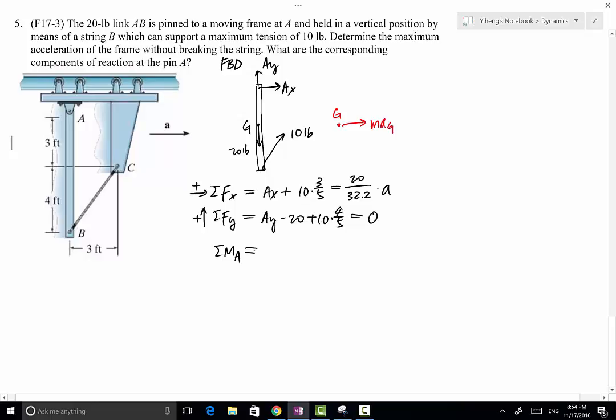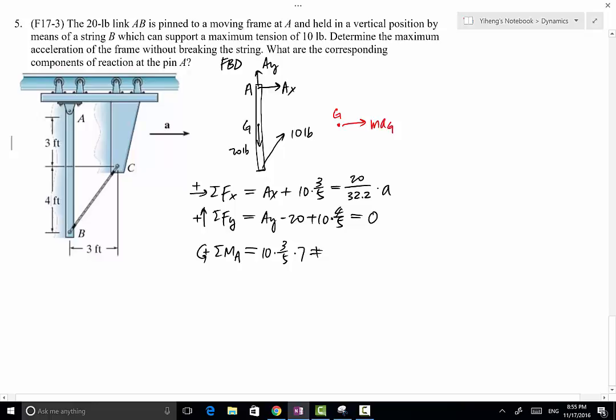So the weight force 20 pounds, AX and AY, they all have line of action passing through point A. So point A is right here. Therefore, the only force that has moment about point A is the 10-pound force, the horizontal component, causing counterclockwise rotation. That is 10 times 3/5 with a moment arm of this total length of 7 feet.